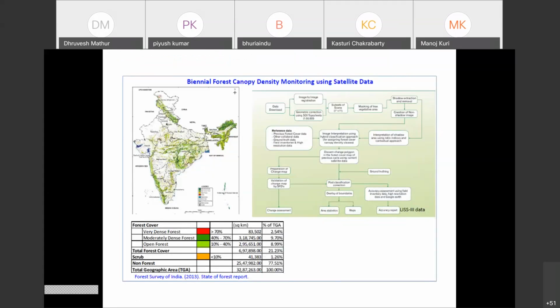Just to discuss here, the Forest Survey of India yearly brings out the forest cover map of the entire India using optical data. But here what we can see is that in this particular forest cover mapping, we can also use the SAR data.